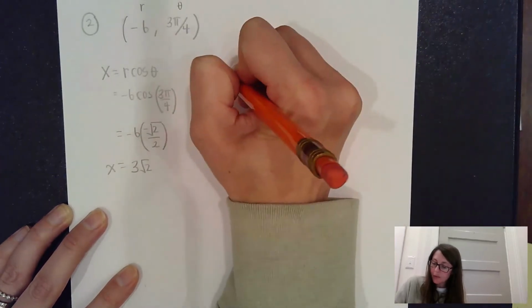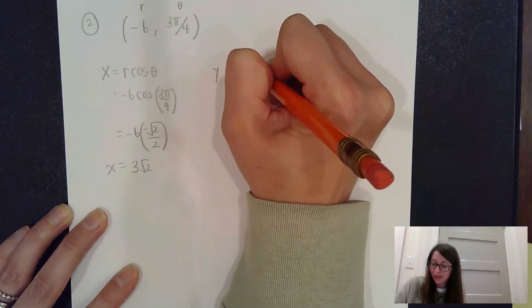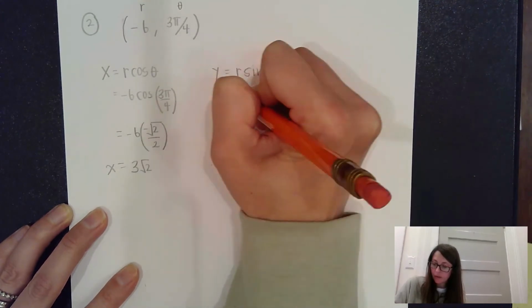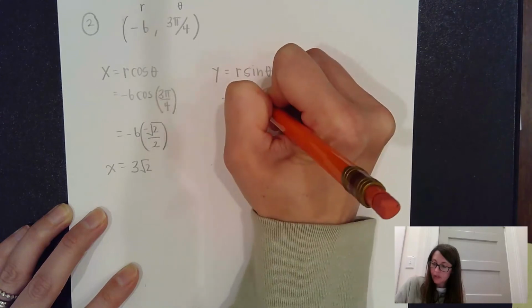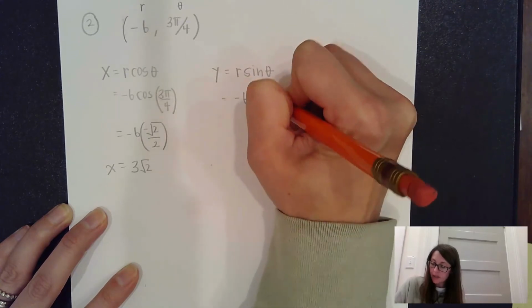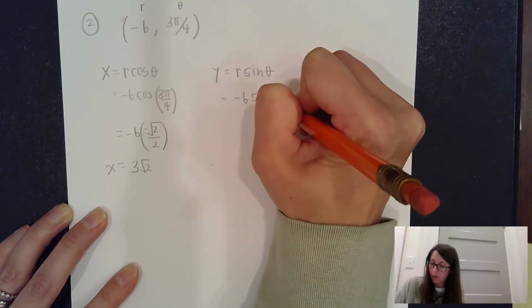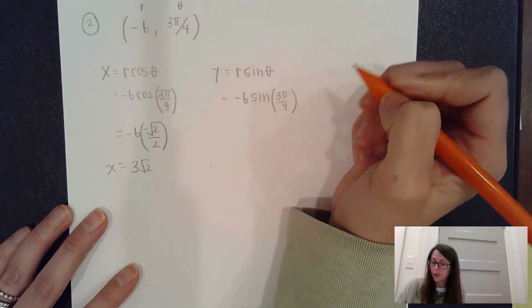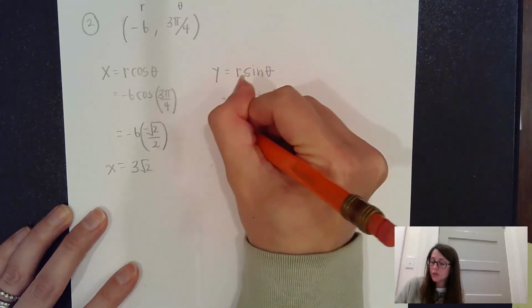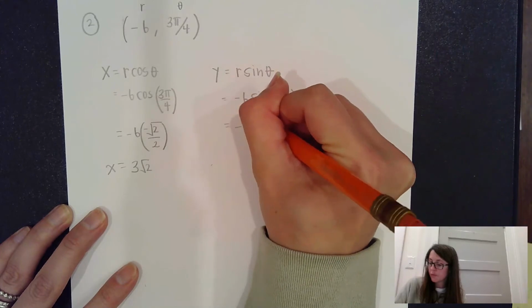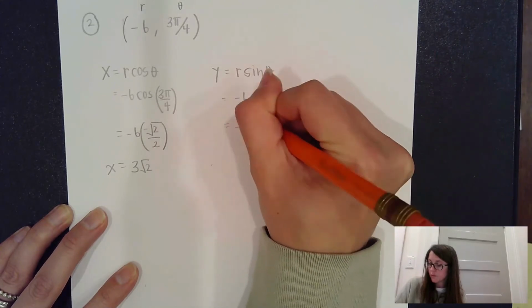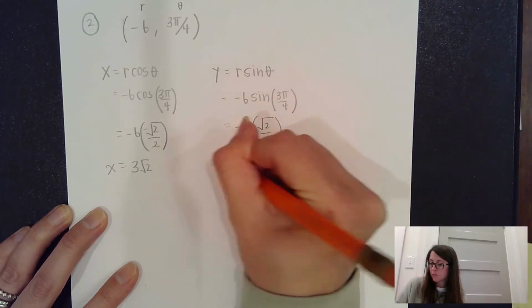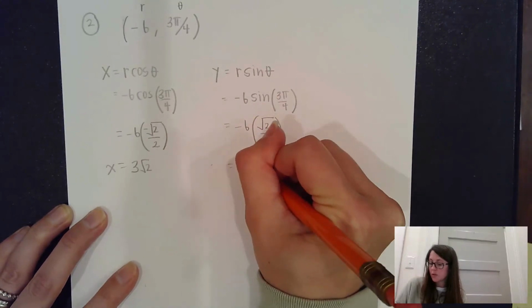The y value is going to be r sine of theta. So r is a negative 6 times sine of 3 pi over 4. Sine of 3 pi over 4 is square root of 2 over 2. So this will be a negative 3 square roots of 2.